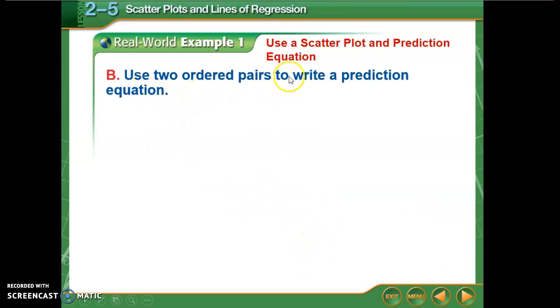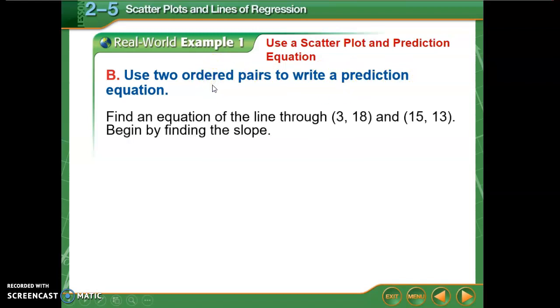Use 2 ordered pairs to write a prediction equation. So we're going to use 2 points in the graph. In this example, we're using 3 and 18, 15 and 13. Let's start with finding the slope of the line. So plug in.